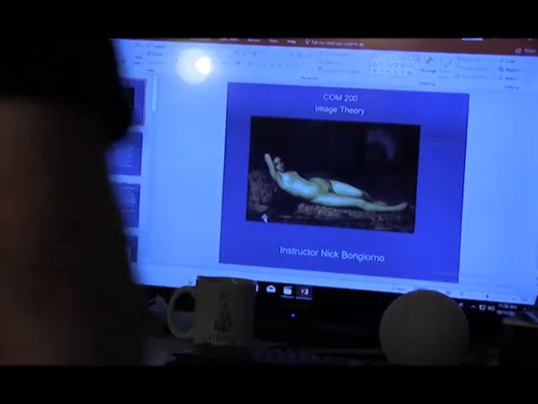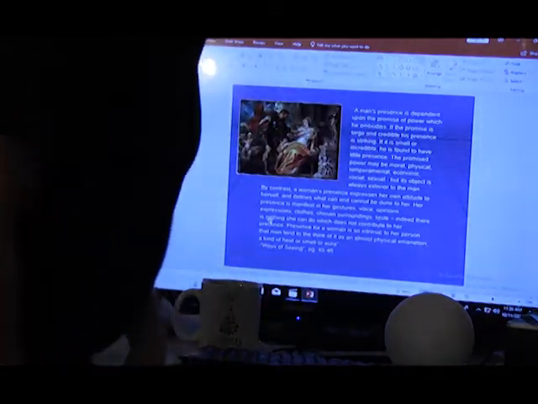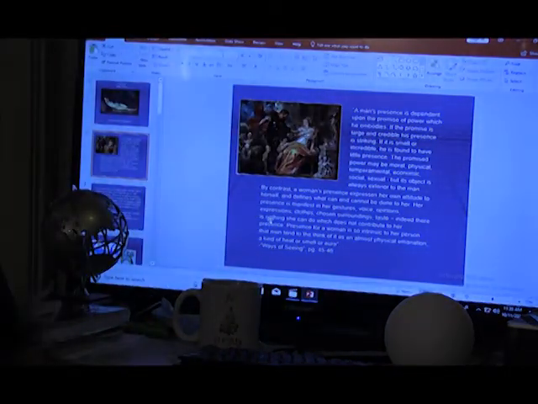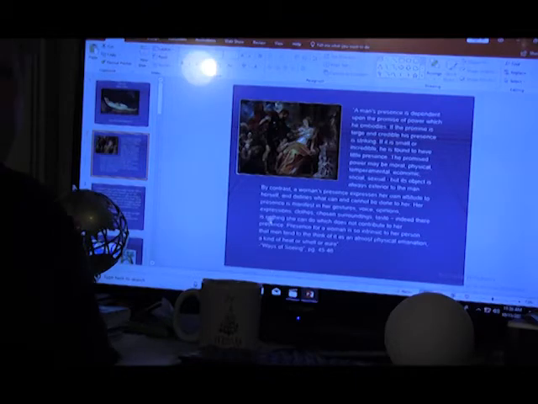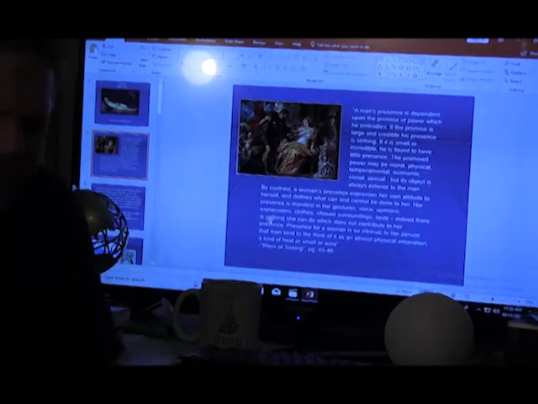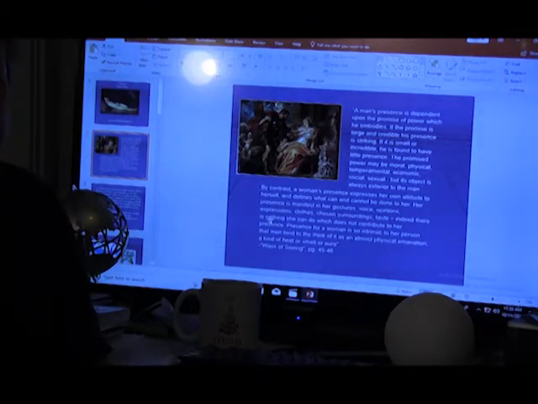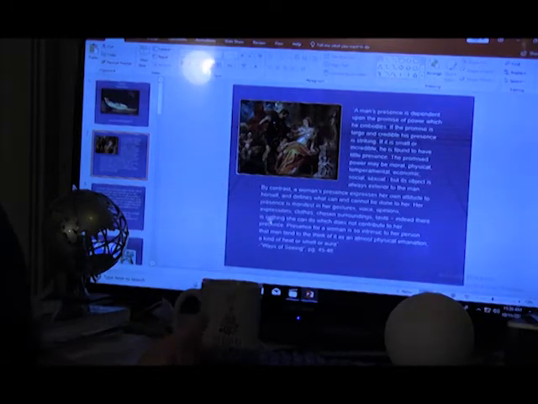And some of the opening ideas that Berger addresses here, he makes this overall distinction, all right?